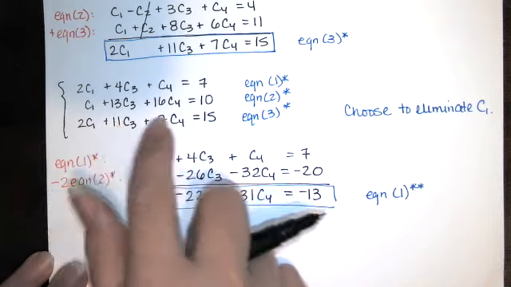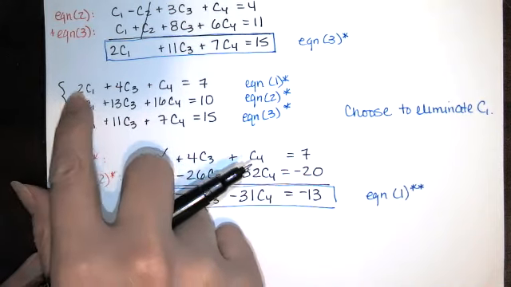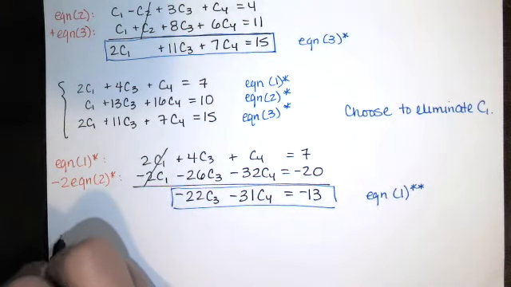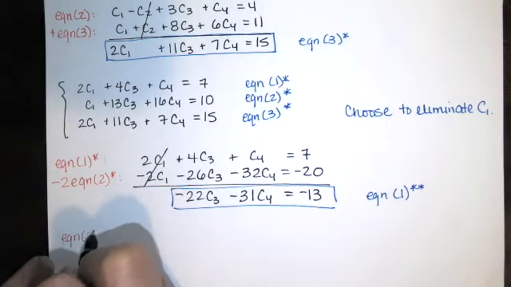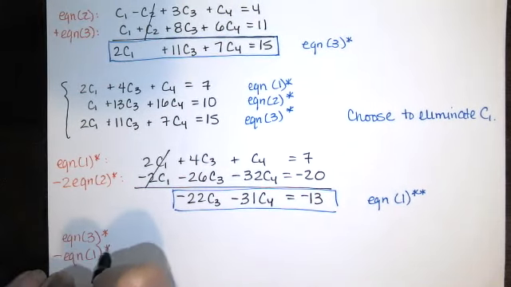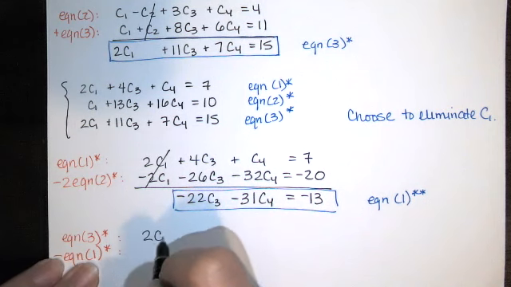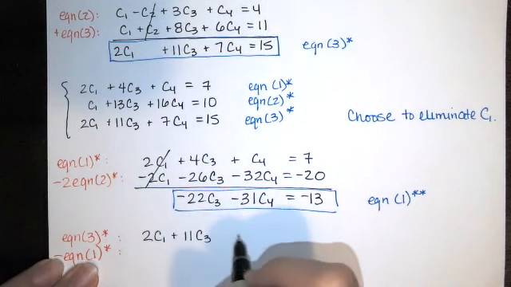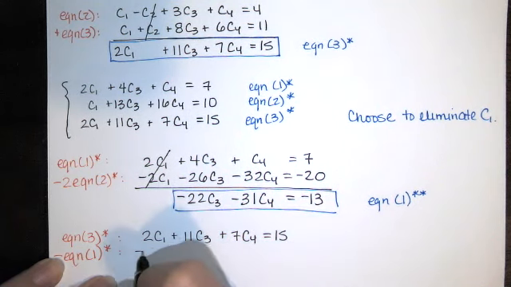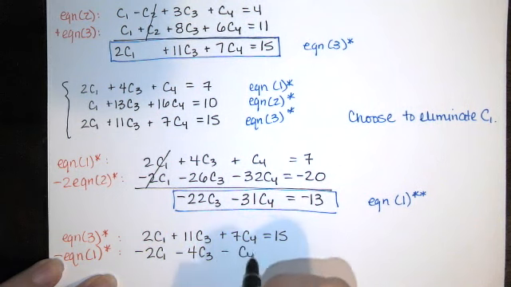And since these numbers are bigger than those numbers, I think I'll take equation 3 star and subtract equation 1 star. So we're subtracting equation 1, which just means we're changing all the signs.